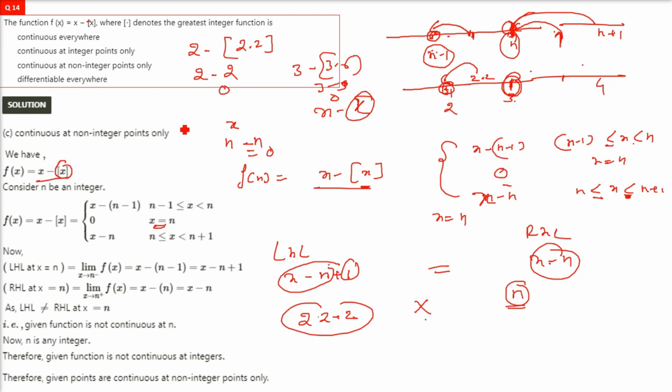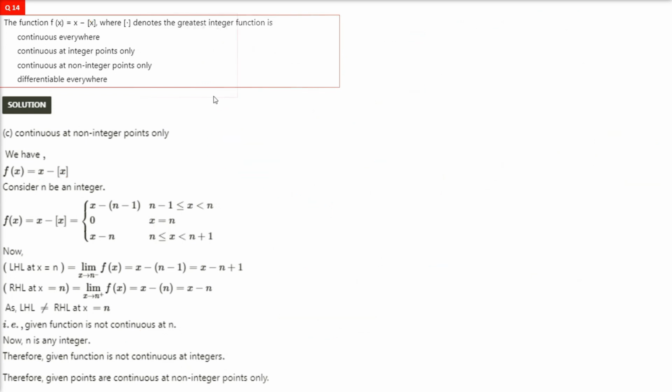On the left hand side we got 1, on the right hand side we got 0. I hope you got the idea of this. If you want to learn more, we have already discussed it in the previous exercise, so you can just have a look.